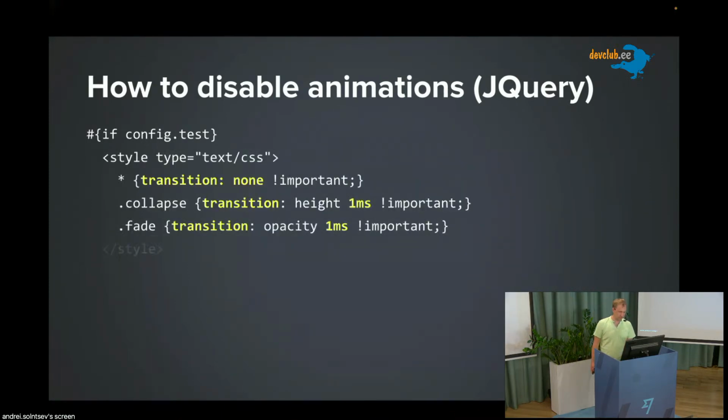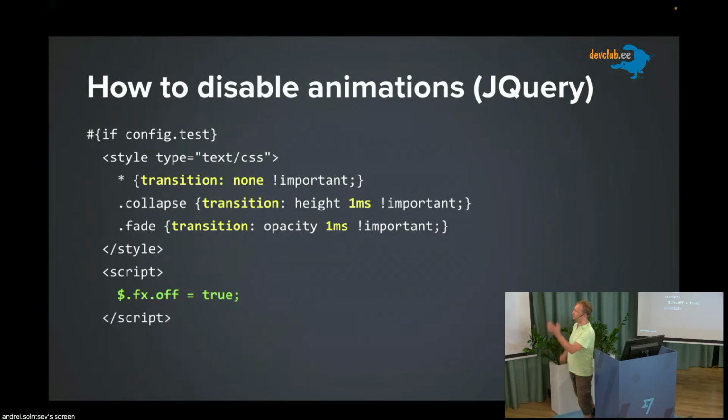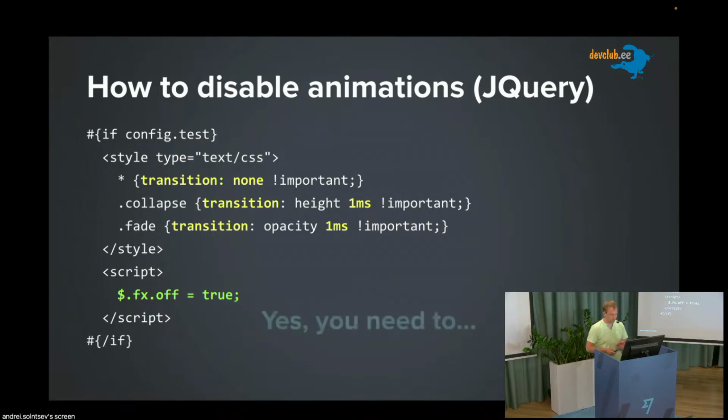We had to Google and find some CSS styles and JavaScript snippets. This magic code disables animations in jQuery. Probably it's also possible to find similar code for any other frameworks like Vue, Svelte, and so on, to disable animations. This is one option.